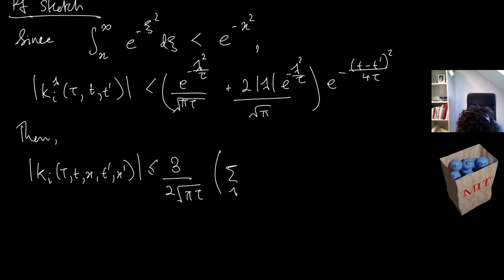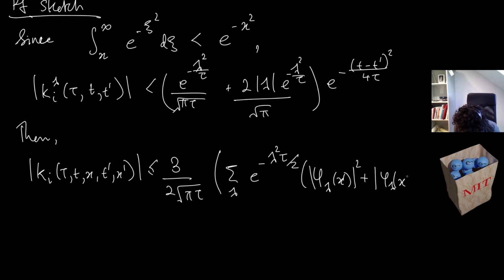The sum of e to the minus lambda squared tau on 2, and now we have the phi lambda x prime squared plus phi lambda x squared, all multiplied by e to the minus t prime squared on 4 tau.